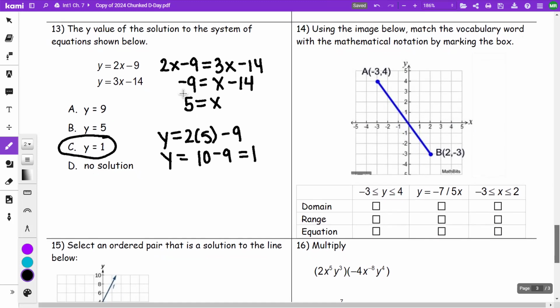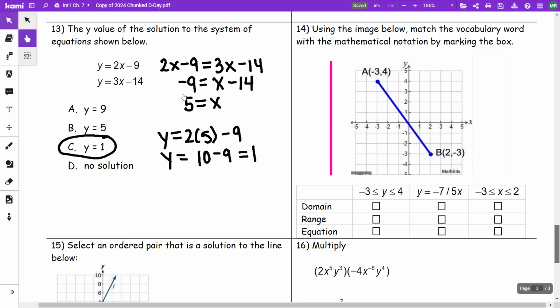On number 14, using the image below, match the vocab word with the mathematical notation by marking the box. Okay, so domain. Domain is, let me just kind of draw a vertical line here. Let me actually do it with the line tool so it actually will be vertical.